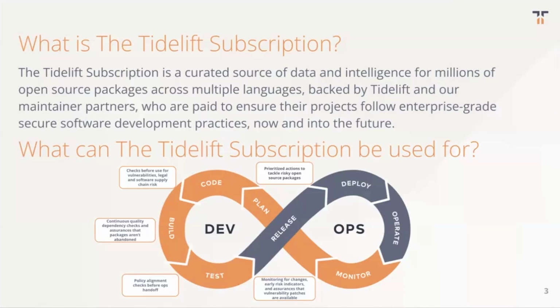So let me talk a little bit about what we typically see the Tidelift subscription being used for. It starts at the planning phase. This is where organizations are able to take prioritized actions to tackle risky open source packages. What do we mean by that?